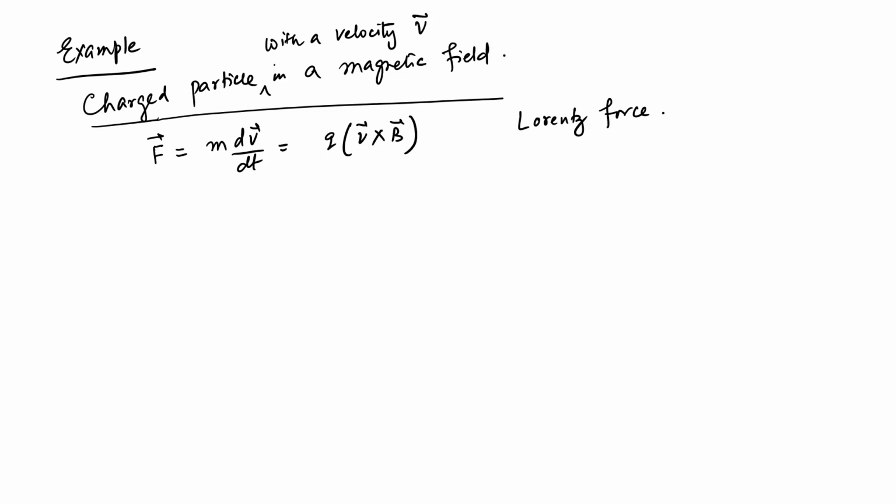This circular motion has a characteristic frequency which is called as the cyclotron frequency, which is given by omega equal to q b by m. And the radius of this motion is given by m v over q b. Okay. This is a special case when v is perpendicular to b.